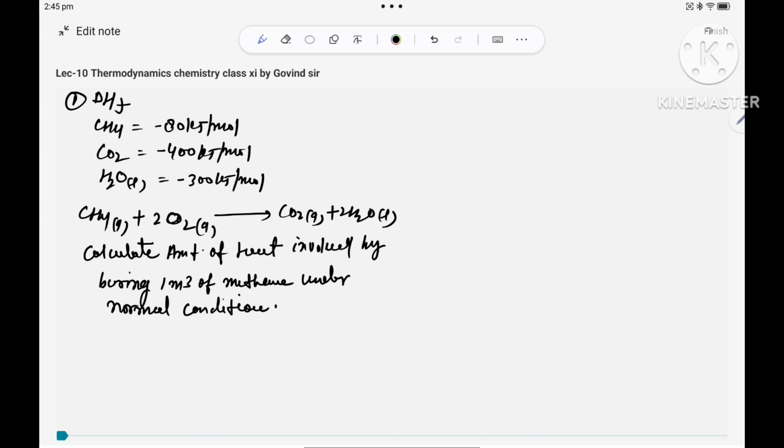They are asking for the heat of combustion. So check it, children, how it will be done.